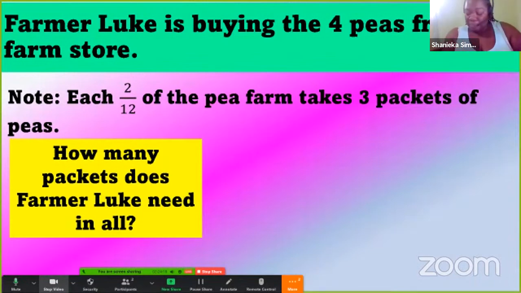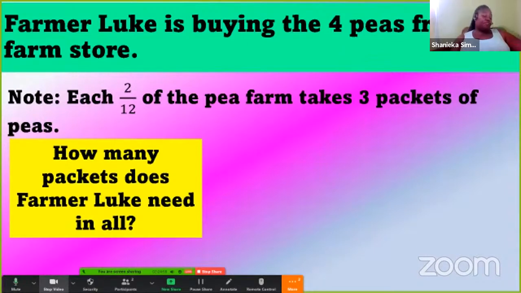All right. So I'm seeing 18 packets, 7 packets of peas, 6 packets. I'm seeing lots of all of those things. So let us look at the red peas. The red peas is what? 4/12. So if the red peas is 4/12, how many packets of peas do we need for red peas?